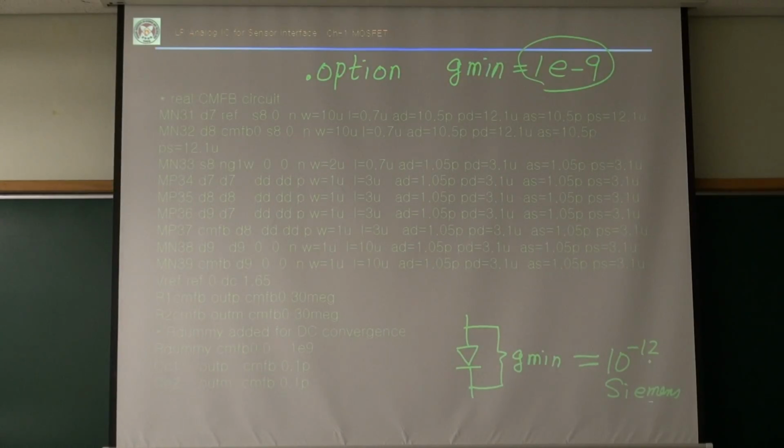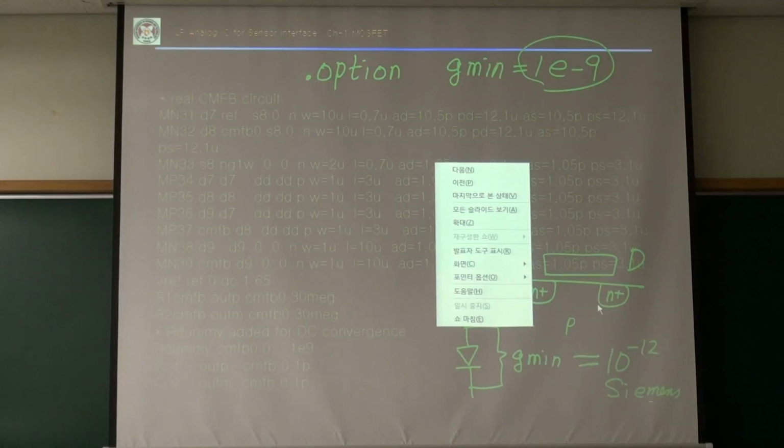In the MOSFET circuits, we see PN junction in every source drain, right? For example, this is NMOS. Between this is source and drain. Yeah, we have a PN junction there, right? Source and bulk, drain and bulk. So G min is added across every source bulk junction and drain bulk junction. So this G min helps a lot DC convergence.